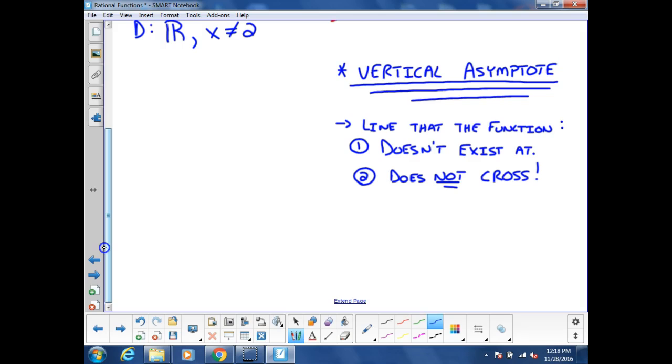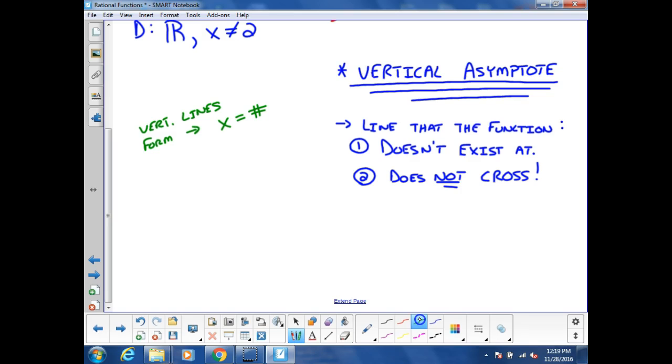Now, it's a line. It's a vertical line. So it has to come in a certain form. Remember that vertical lines are in the form x equals some number. So since this is a vertical line, a vertical asymptote is going to be x equals some number.